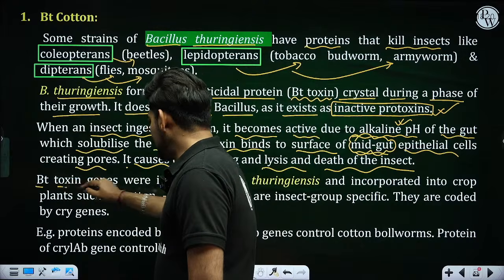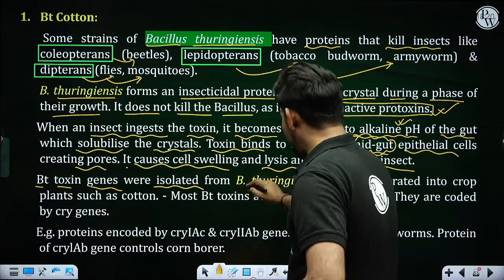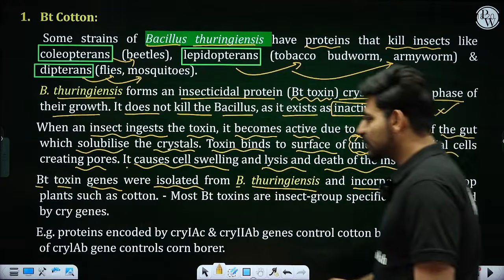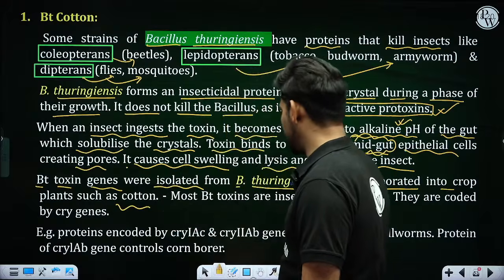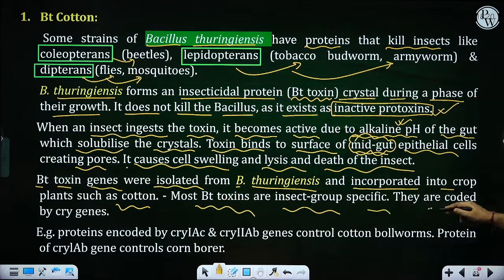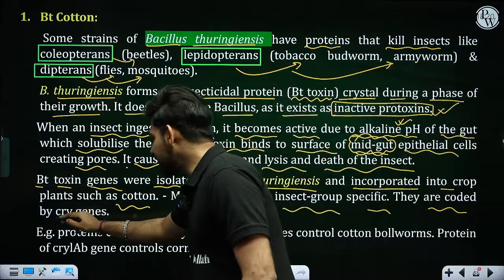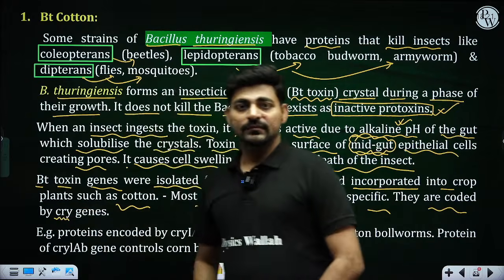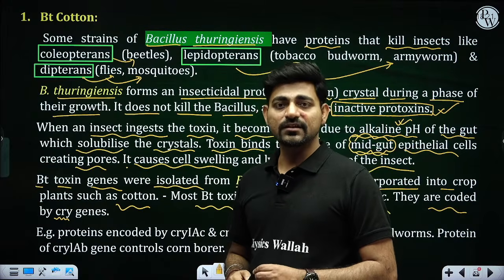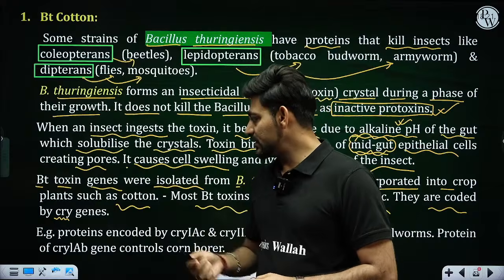So these Bt toxin genes were isolated from Bacillus thuringiensis and incorporated into crop plants such as cotton. So most Bt toxins are insect group specific. They are coded by cry genes. So you need to remember these Bt toxin producing genes are called cry genes.